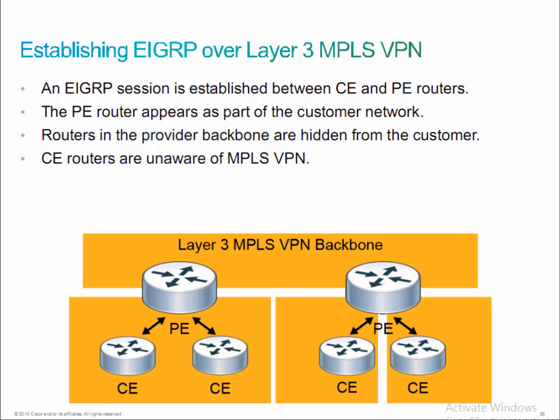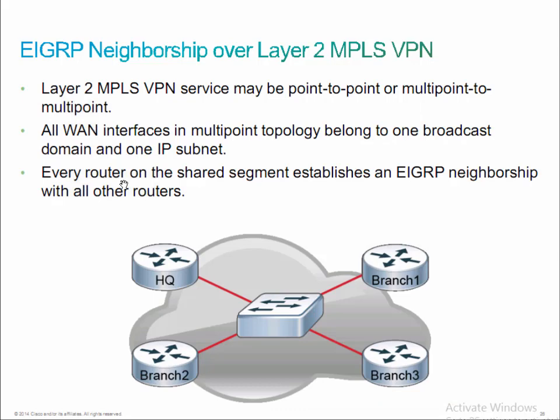All right. When it comes to a layer 2 MPLS VPN, not a whole lot to consider in that particular case because it's basically just a big switch in the middle. It's almost like a metropolitan Ethernet network where you're running either a point-to-point VPWS, virtual private wire service, or you're running what this diagram depicts, which is basically a layer 2 broadcast domain, which is a VPLS, virtual private LAN service, which is pretty common in the case of MPLS.